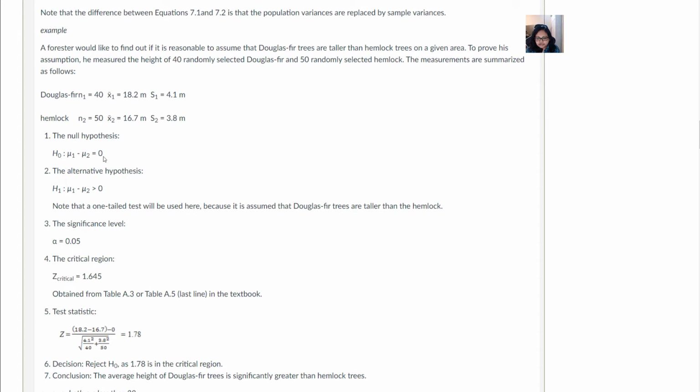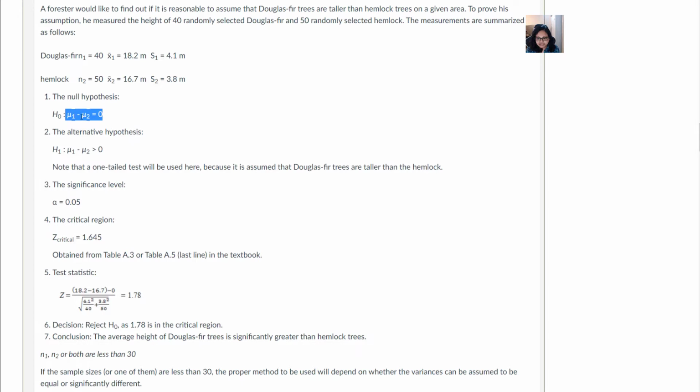So the null hypothesis, if it is mentioned in your question, you have to take it from the question. If it says that the difference between the population means is 0, that means there is no difference between them, and the alternative is that the difference is more than 0, that means it's one-sided. Let me draw that.